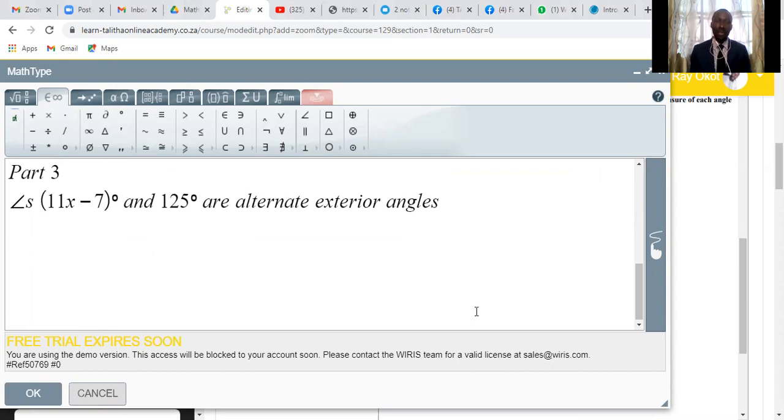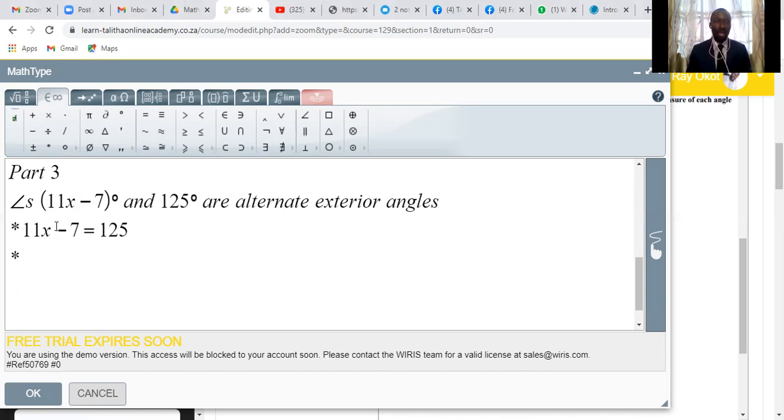Well, that then means 11x minus 7 and 125 are the same, or they equal each other. That is 125. Yes. Since they are alternate exterior angles, we also say they are the same. That way, we can go ahead to find the value of x.